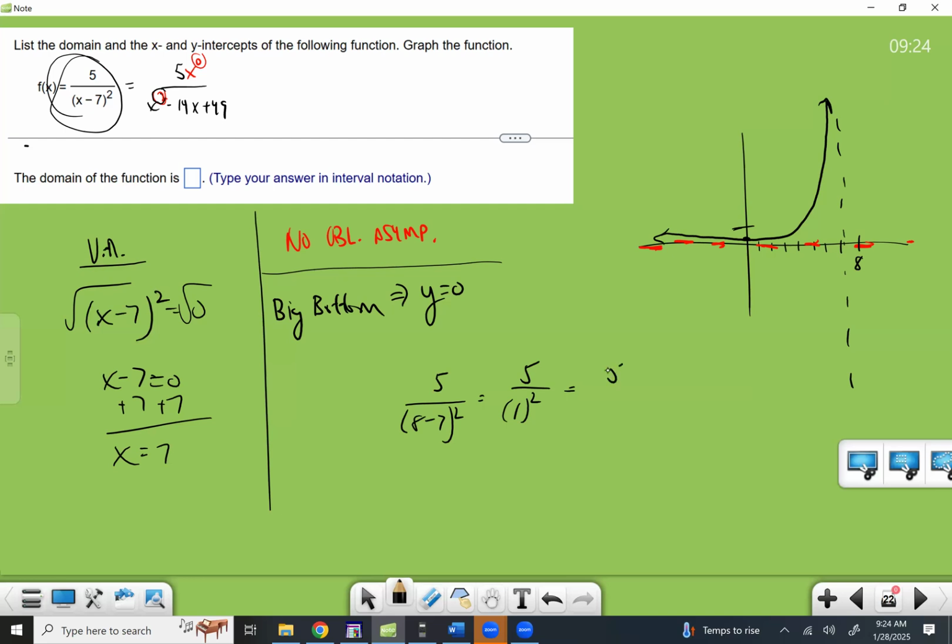Well, 1 times 1 is just 1, and 5 divided by 1 is 5. So we would be positive, right? We'd be at like 8, 5. Let's just pretend it's like right here, okay? And so we're going to end up being like this. We know for sure we're not down here because these are where the negative numbers are, okay? So it looks like we'll have a graph looking something like that.